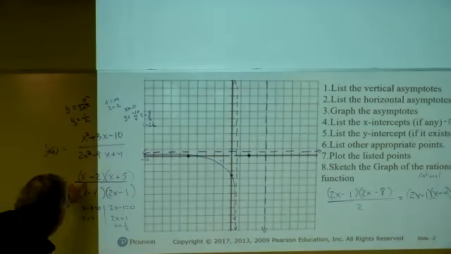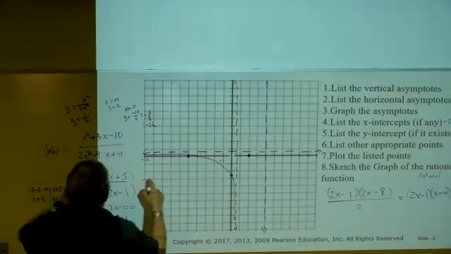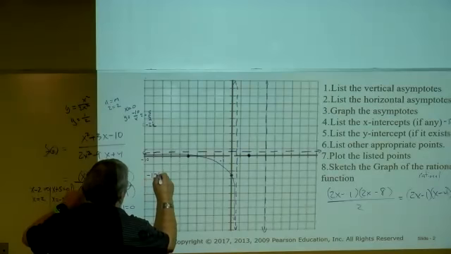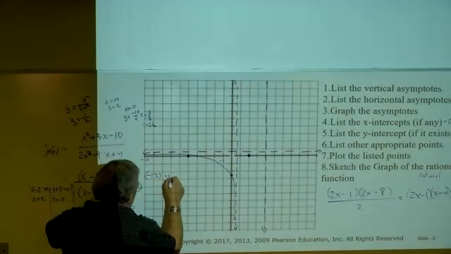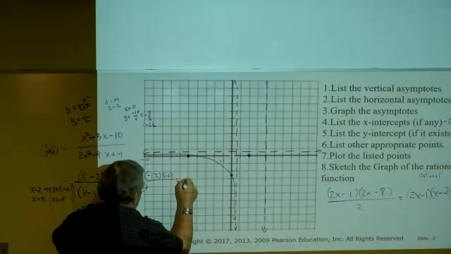I put -10 in for x, so that's going to give me -12 times -10 plus 5 is -5. And so my numerator becomes 60 positive.